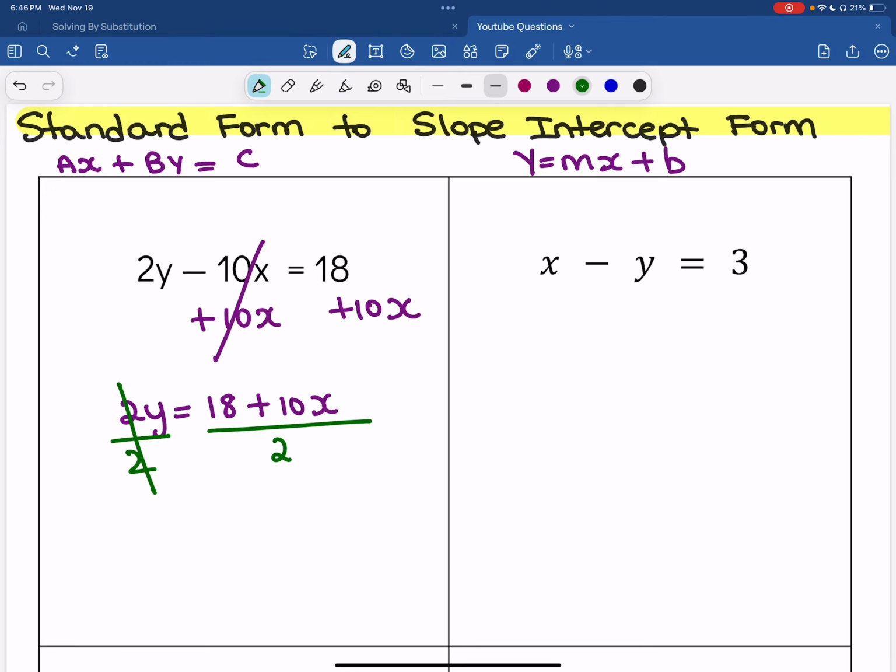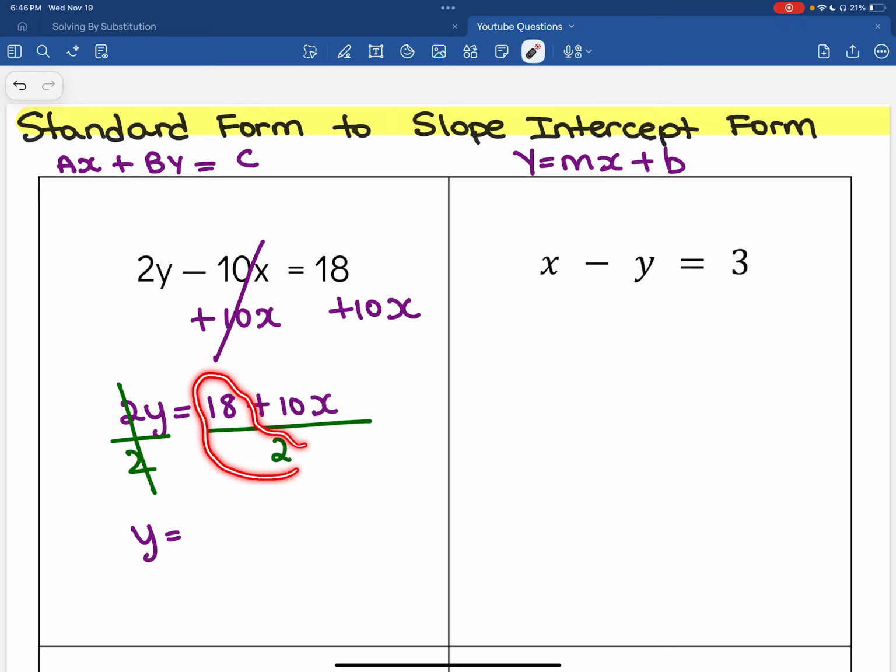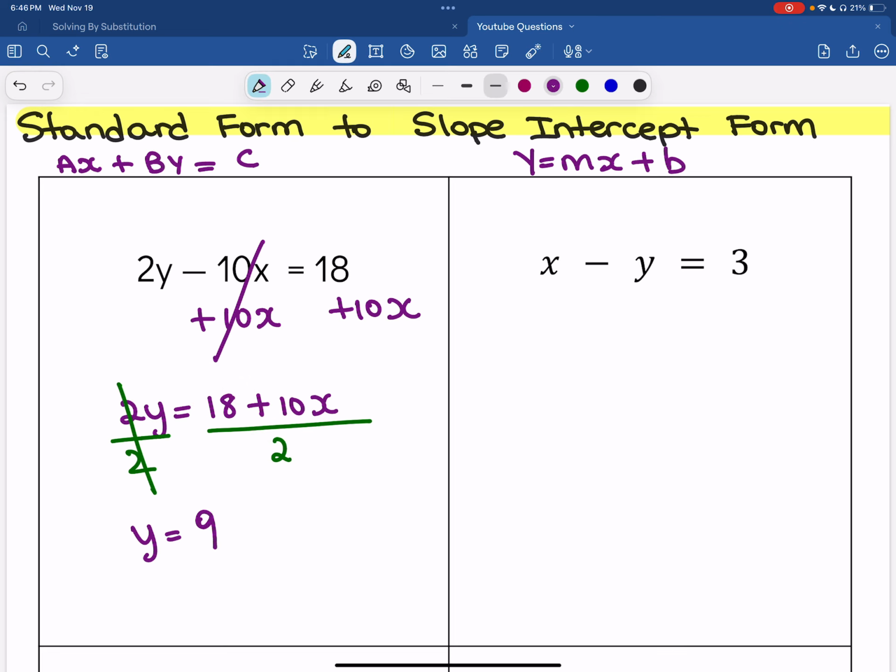So we're going to be left with y is equal to 18 divided by 2 is just 9. And then 10x divided by 2 is just 5x. So y is equal to 9 plus 5x, right?